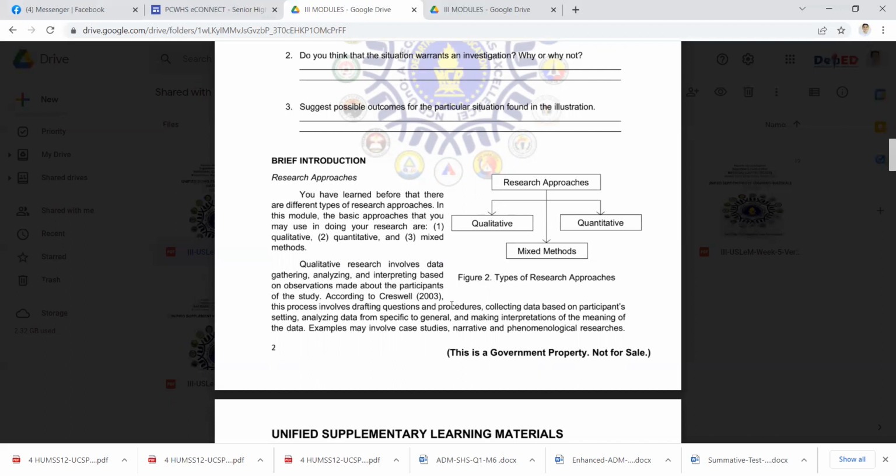According to Creswell 2003, this process involved drafting question and procedure, collecting data based on participant setting, analyzing data from specific to general, and making interpretation of the meaning of the data. Example. What is an example of qualitative? Case study. This is an example or type of a qualitative research. Narrative and phenomenological researches.